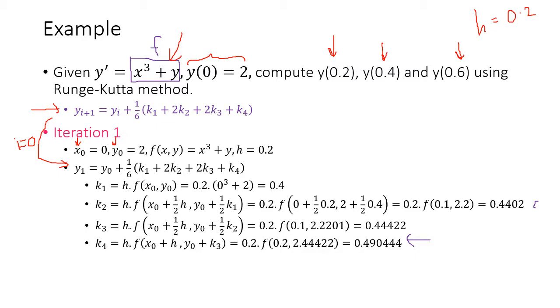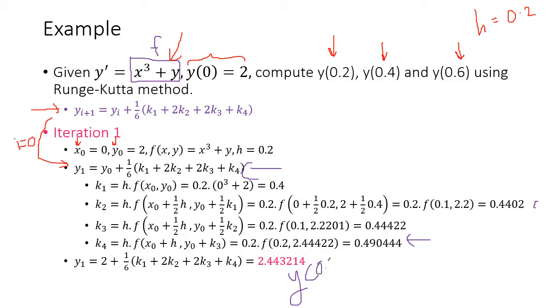Finally, we substitute all the four values of k into the expression for y1, which is this expression. And if we do that, we get the value of y1 as 2.443214, which is also the value of y at x equals 0.2. So after iteration 1, we found out the value of y at x equals 0.2.